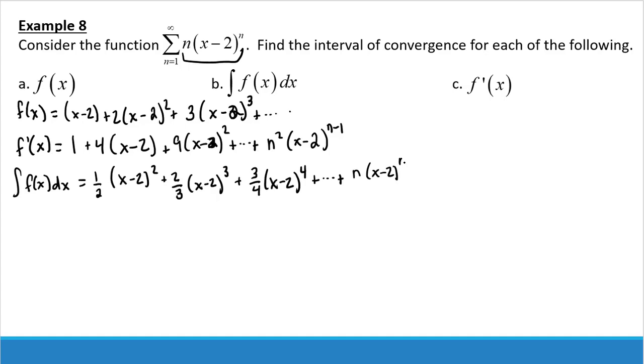Okay, let's use this original series to find the interval of convergence, because they tell us the interval is going to stay the same. We just need to check the endpoints. So the limit as n goes to infinity of the absolute value of n plus 1 times x minus 2 to the n plus 1 all over n times x minus 2 to the nth.